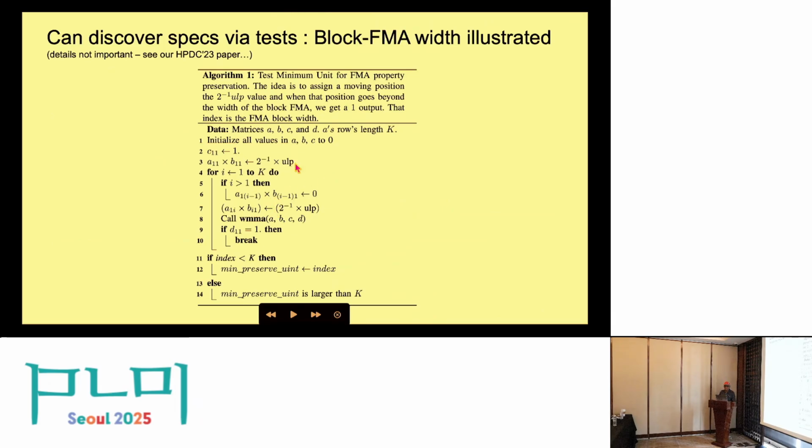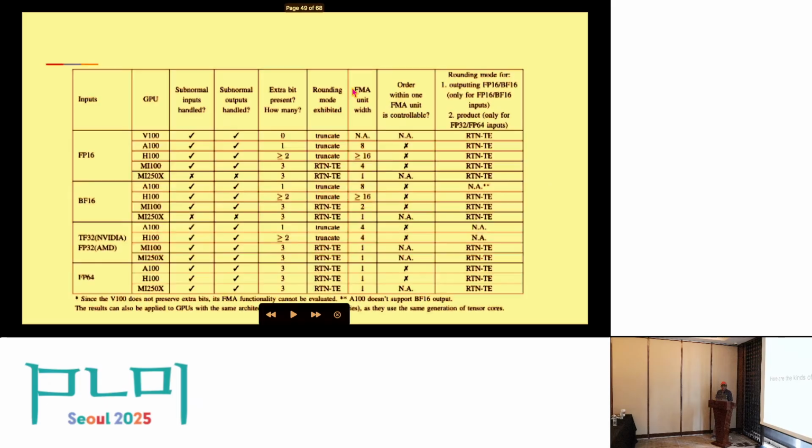And there are tests that we have devised to discover specifications. So this is a test that runs through Tensor Core and finds out the block FMA width, which is not known before. And we have published these tests also. This was in a paper last year. So the kind of specifications we have discovered are of this kind.